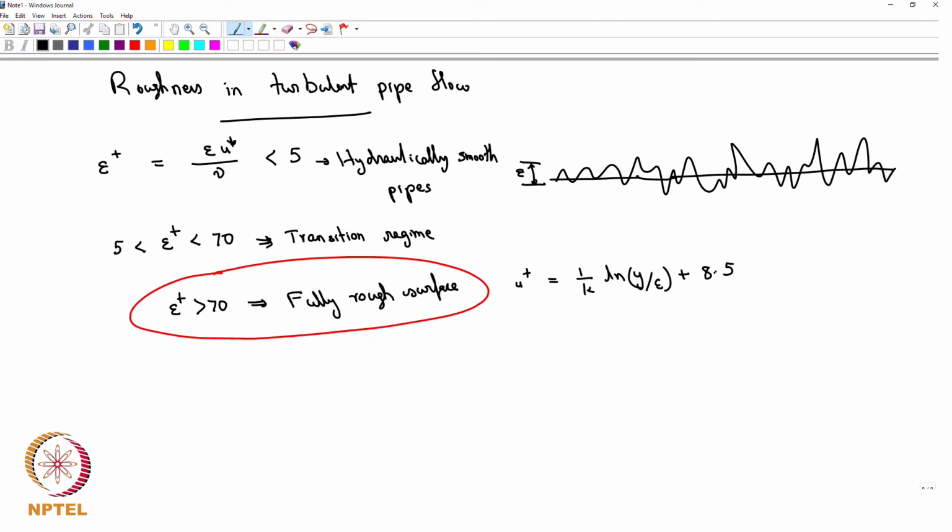So if you know u plus, now you know how to go ahead and calculate the friction factor and the relationship between friction factor and Reynolds number, the way you did it yesterday. Shall we try? Finally, we don't care what exactly u plus is. We need a relation between friction factor and Reynolds number. So since I have given you what is u plus, let's go ahead and calculate it.